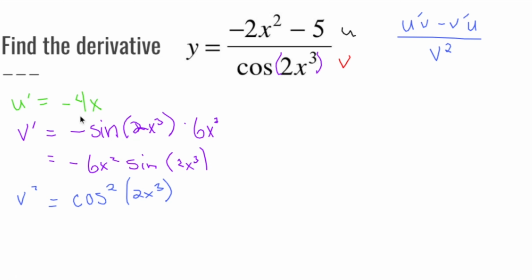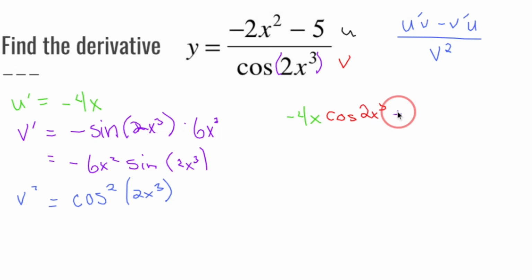Okay, u prime, which was green, u prime is going to be negative 4x times v, which was the original cos 2x to the third. So I'm writing that out carefully. Minus v prime, which was negative 6x squared sine 2x to the third. So double negative is going to make minus negative.